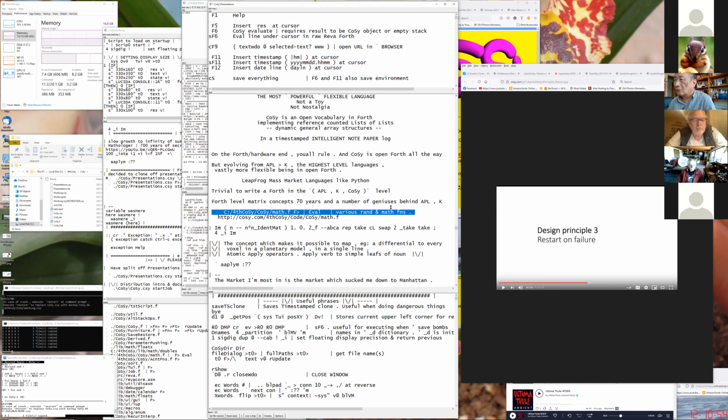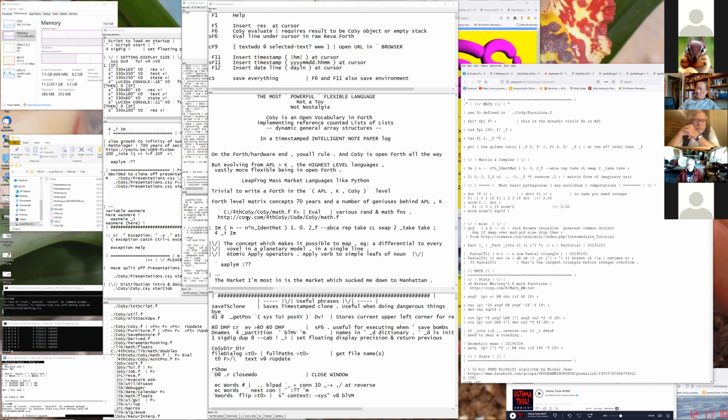But in a Facebook discussion on Forth, a language for the 21st century, there was a discussion of the value of these languages for doing arrays.